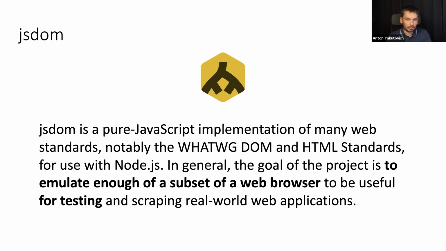So instead of running this huge monster, the browser, Chrome, Firefox, whatsoever, you have a library that will parse the HTML, JS, and other stuff, and will try to emulate the behavior of the browser.